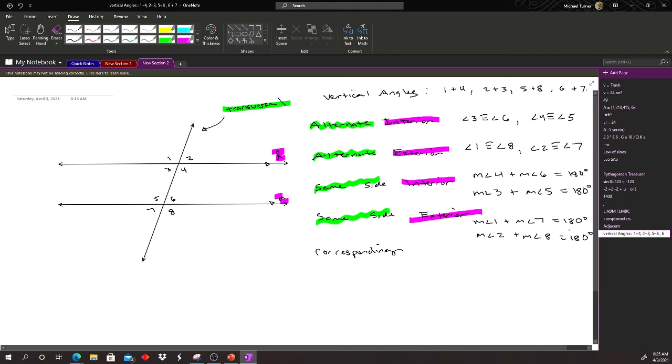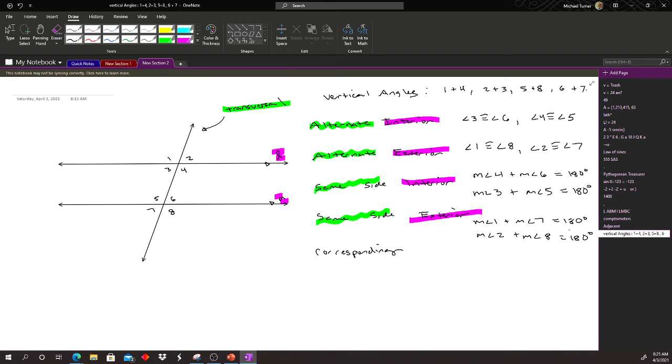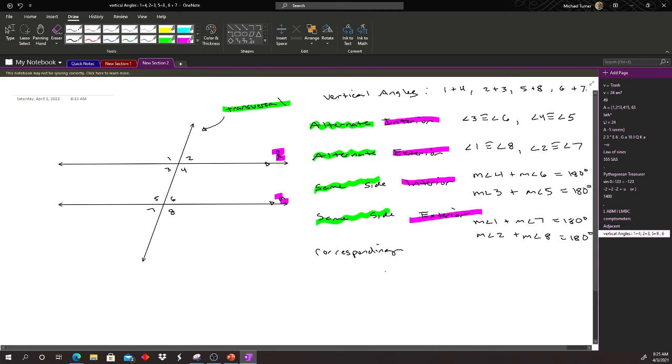We also have corresponding. Corresponding basically means that the angles are in the same place, or quote unquote the same corner. So, if you think about corners, angles, let's say 1 and 5, are in the same corner. And they're both acute angles, and we already said that any two angle pairs are either congruent or supplementary in these diagrams.